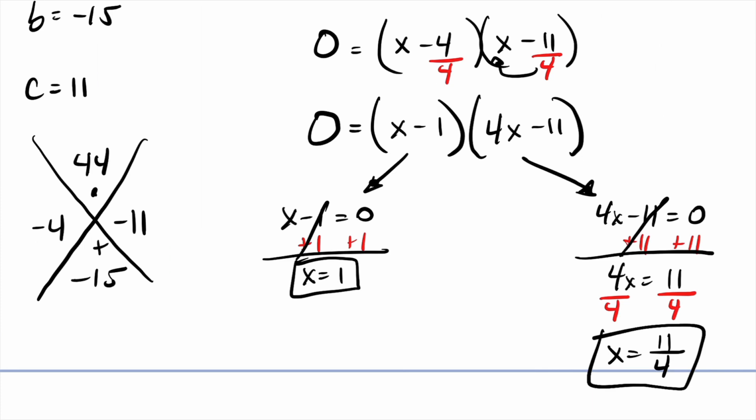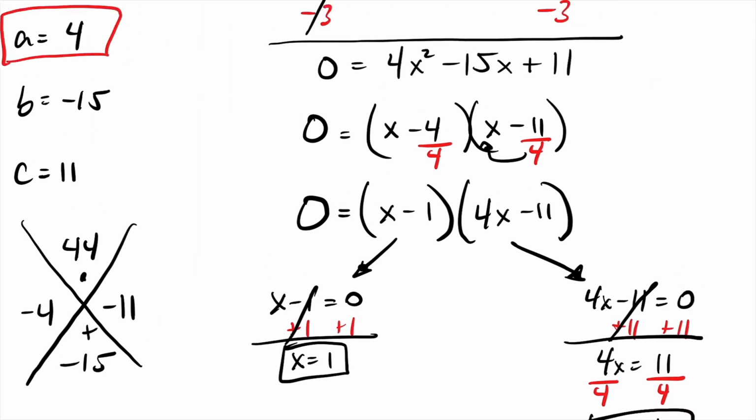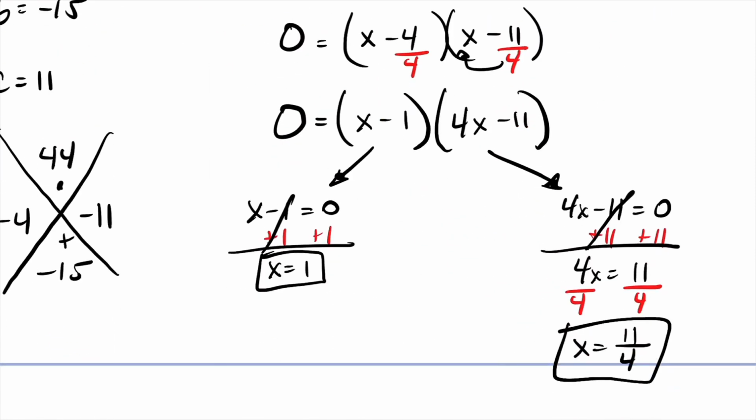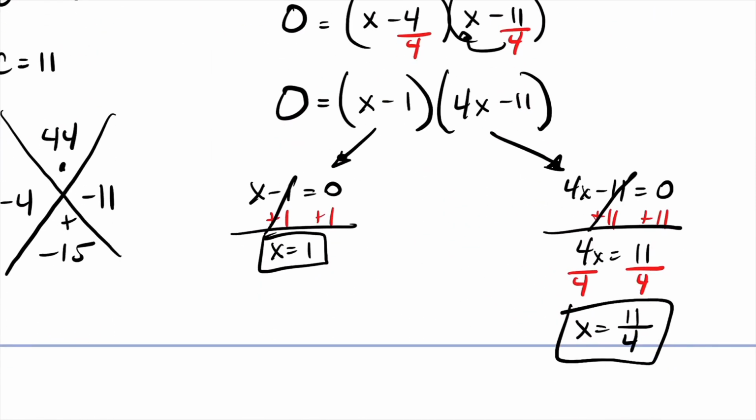11 over 4, if you divide, it's like 2.75, almost 3. Okay. So if I plug them in, if I plug in 1 here, 1 minus 2 is a negative. So right there, positive 1 is going to be extraneous.